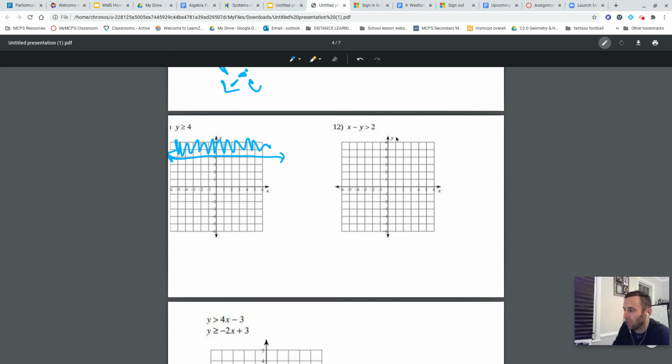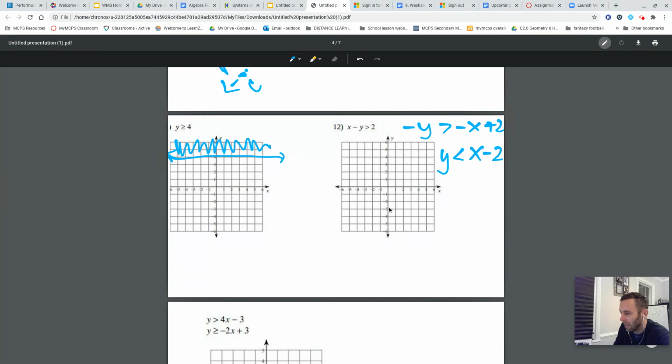This one I have to change into slope-intercept form. Try this first just so you can practice it. If I change this, it becomes negative y is greater than negative x plus 2. Then I have to divide both sides by negative 1, so I have to flip the sign. And you get y is less than x minus 2.